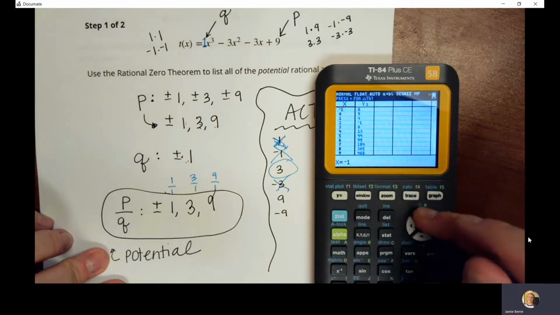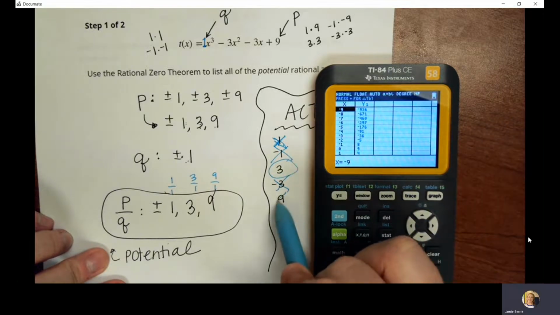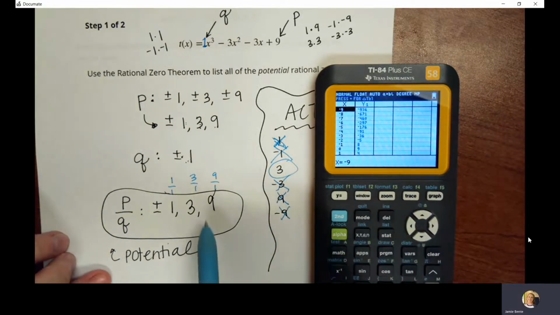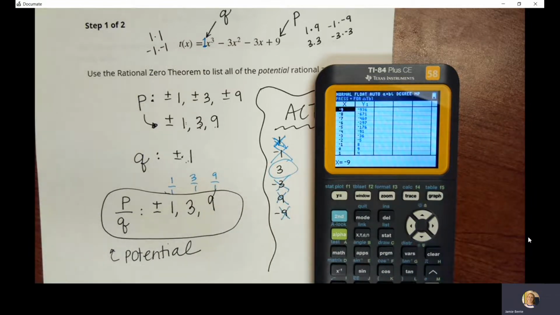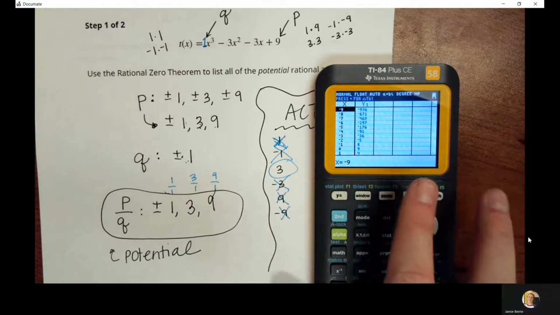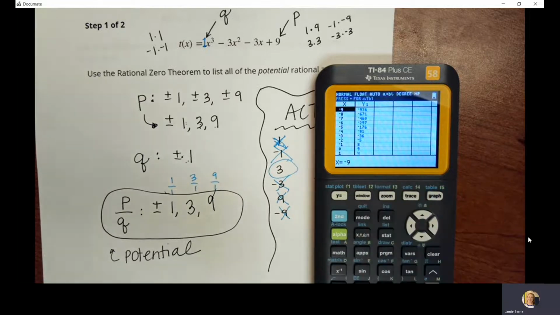Let's go up to negative 9. Nope. So neither one of those works. Out of that list, we only found one actual 0, but that's okay. The rational zero theorem helped us to identify one of the zeros of this function.